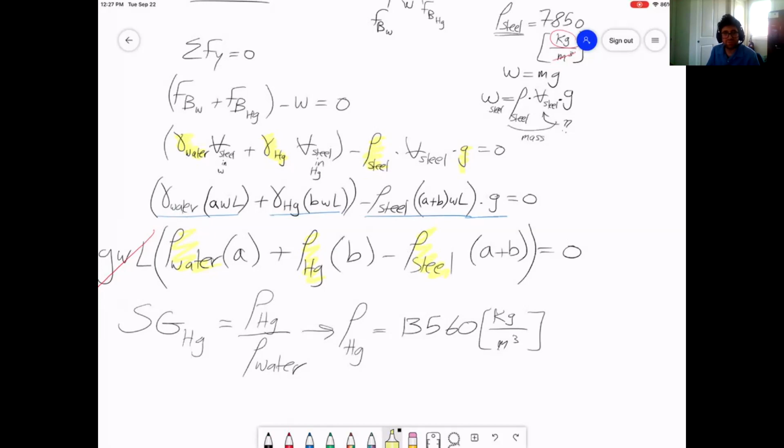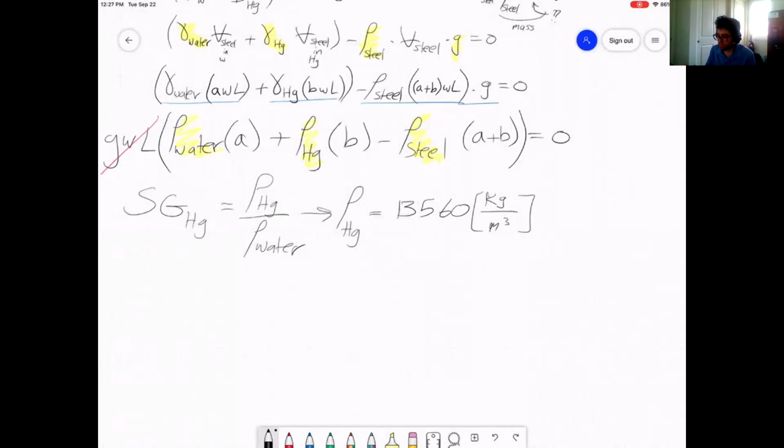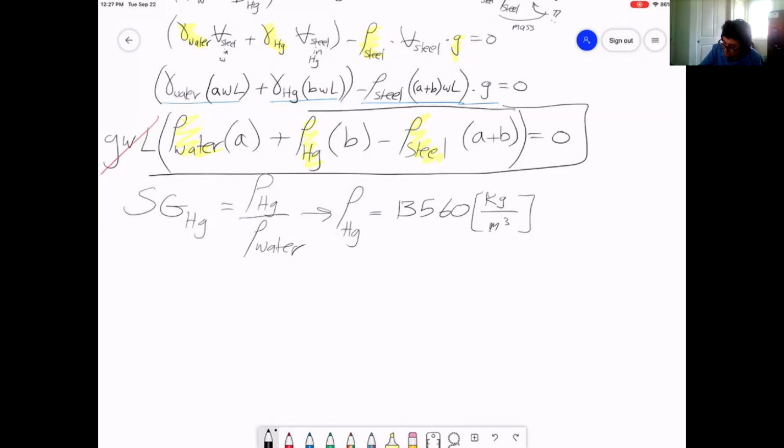Okay, do you want me to go over the numbers, or do you want me to continue and find the final answer? Oh no, that's good. So here's your equation. Based on the problem, we derived this equation.